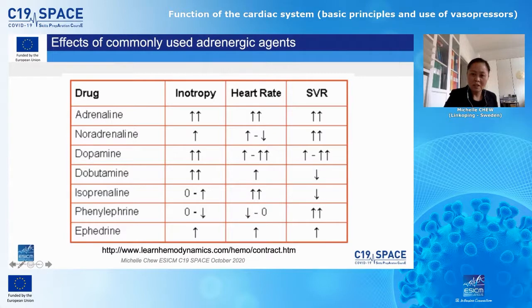Whereas noradrenaline has predominant alpha 1 effects, so will increase the systemic vascular resistance, but has lesser effects, say, on myocardial contractility. Dobutamine has predominant beta 1 effects, so mainly effects on contractility and less effects on heart rate, and actually causes a decrease in systemic vascular resistance, and so on.